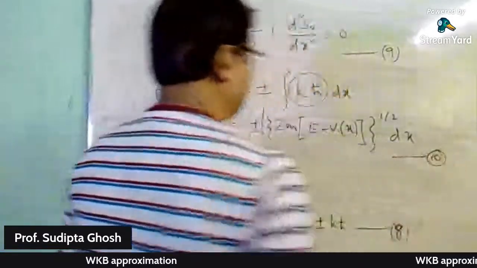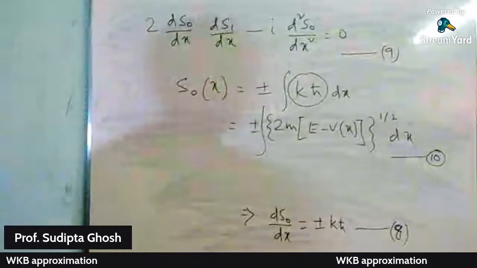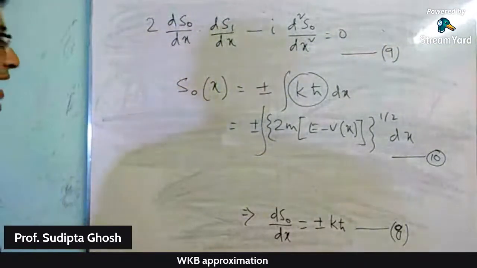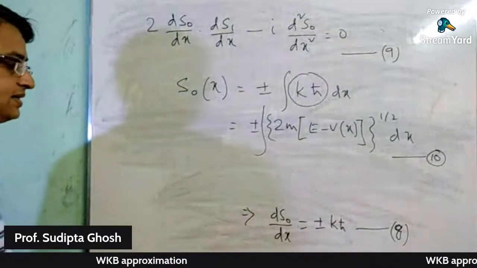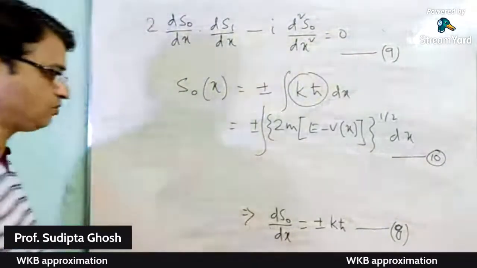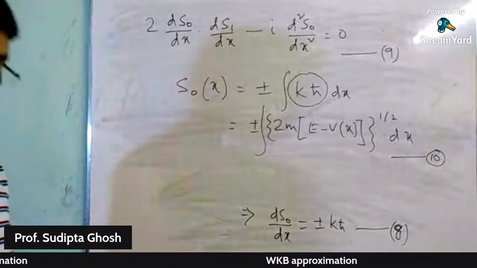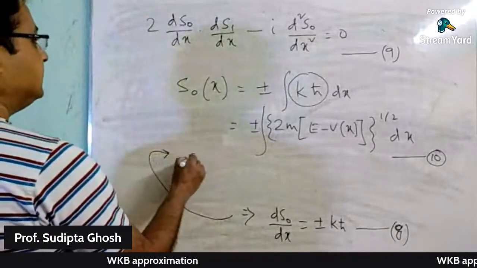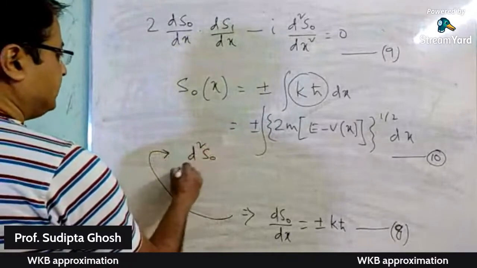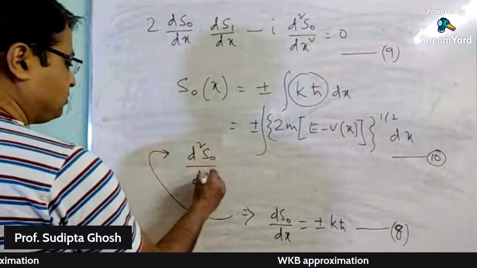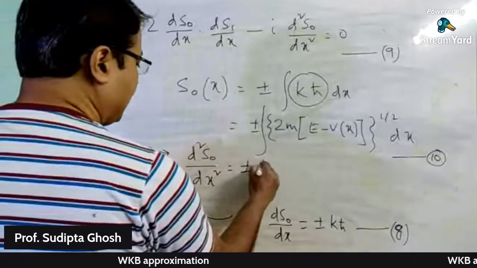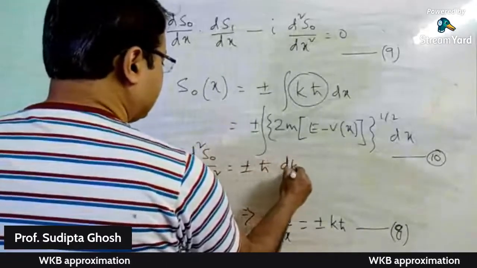So from equation number 8, I get the value of s0(x). Now as ds0/dx equals plus minus ħk, it means d²s0/dx² should be plus minus ħ dk/dx.